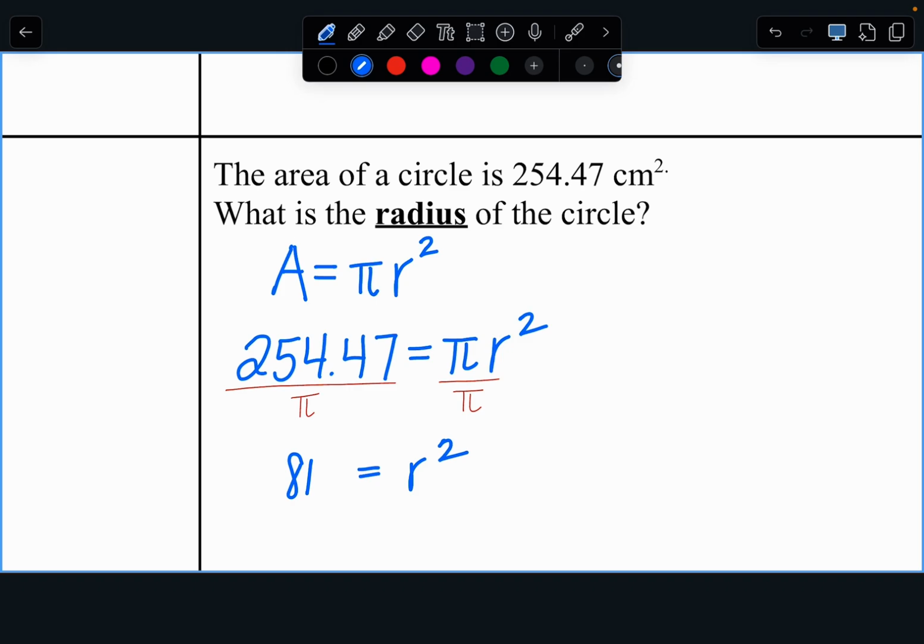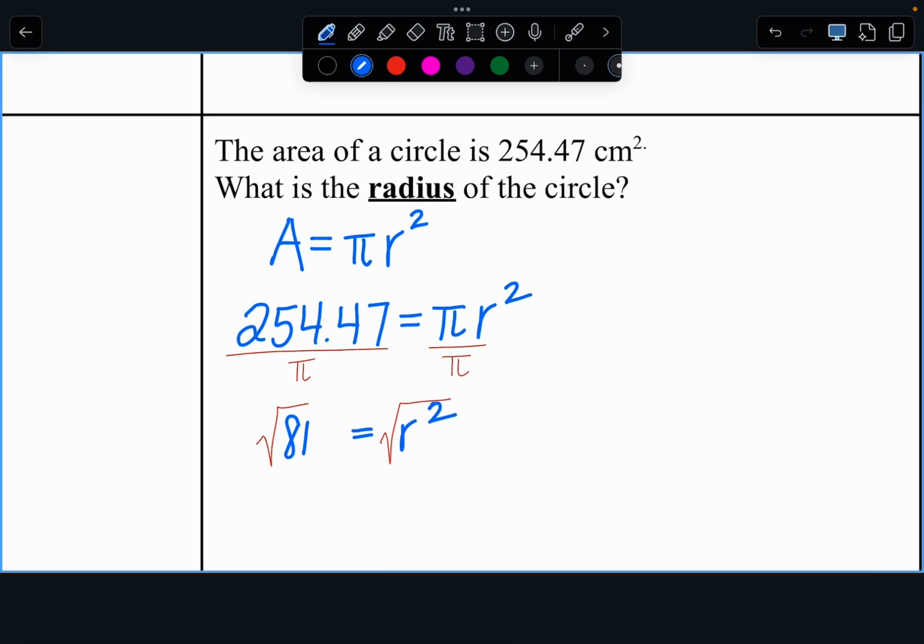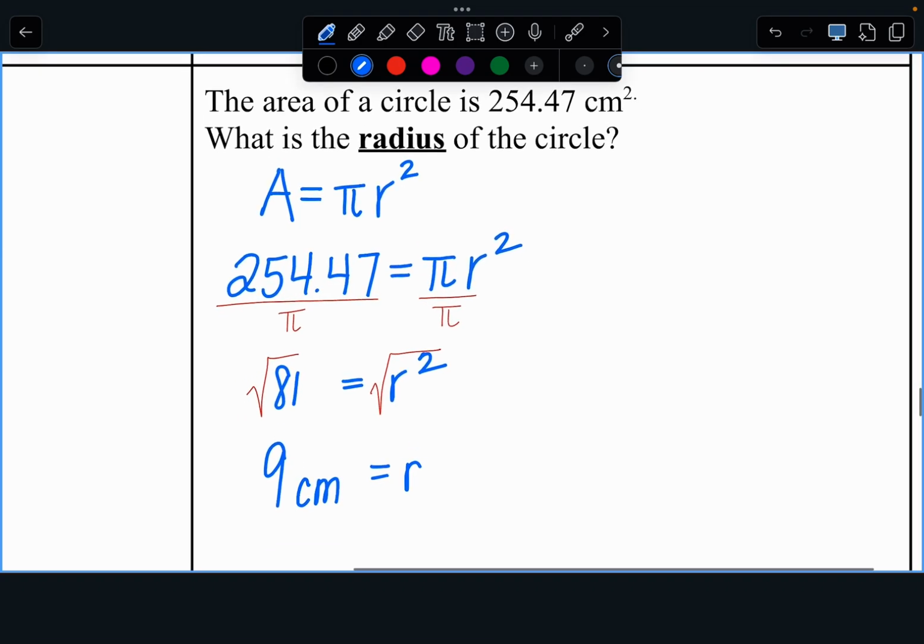But we don't want r squared, we just want r. The operation to get rid of that exponent is to take a square root. You guys might want to focus. So 9 centimeters is your radius. What questions do you have on this one?